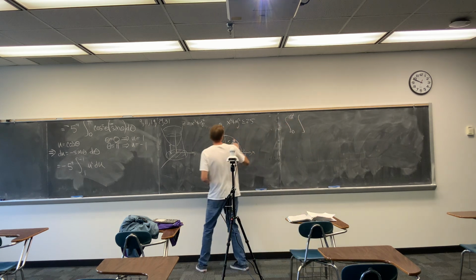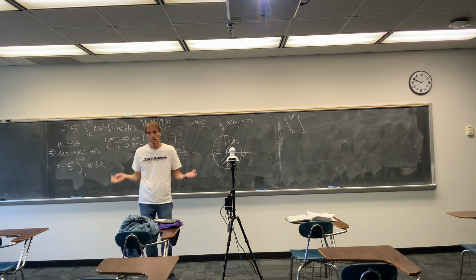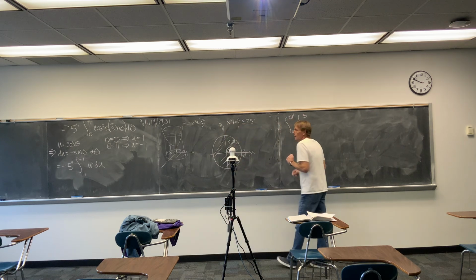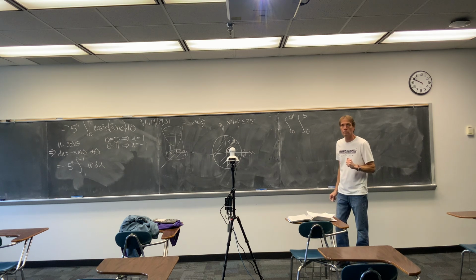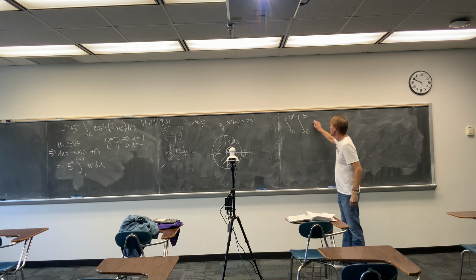My radial variable is running between 0 and 5. Who are we integrating under? X squared plus y squared, my paraboloid.